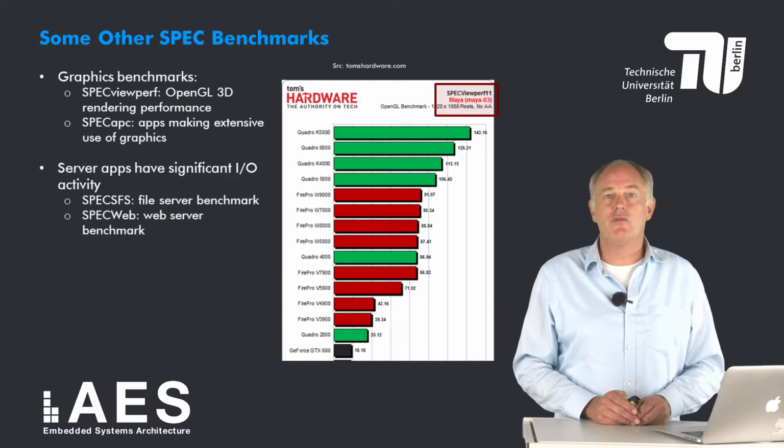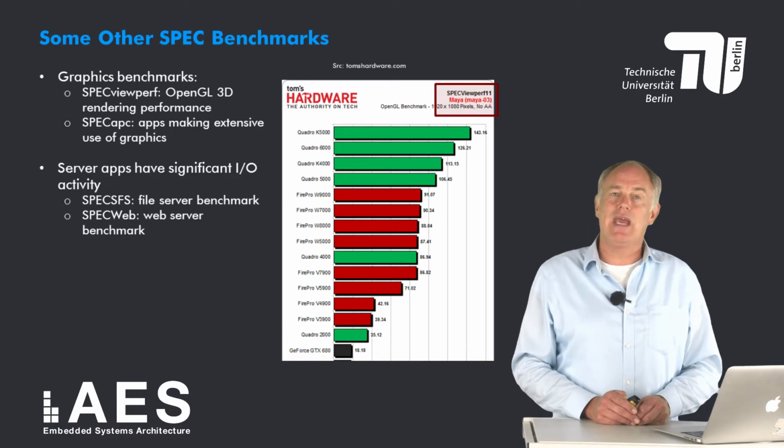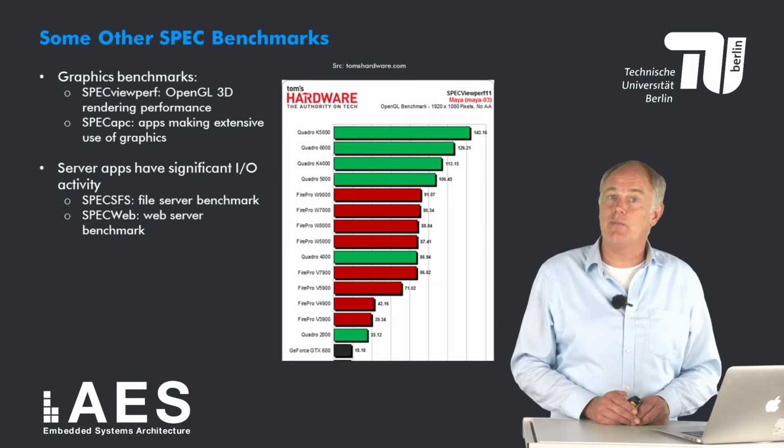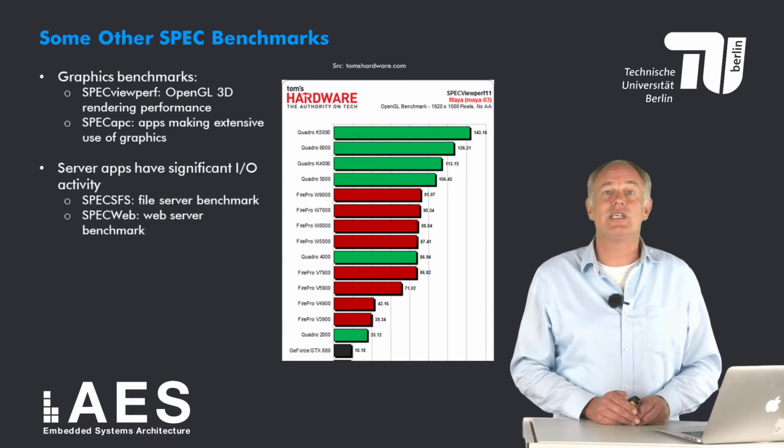Also, the benchmarks released by the SPEC Application Performance Characterization Group or SPEC APC Group make extensive use of graphics. Finally, there are benchmarks that are representative of server applications with a significant amount of I/O activity. For example, SPECsfs, which is a file server benchmark, and SPECweb, which is a web server benchmark.